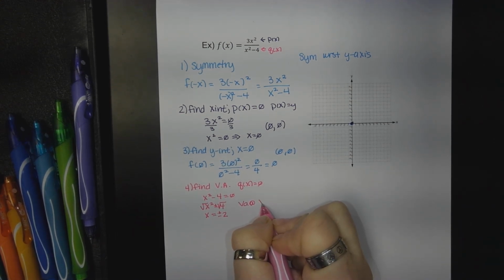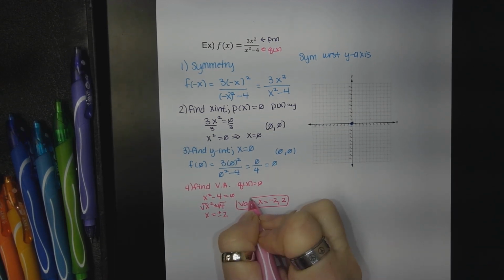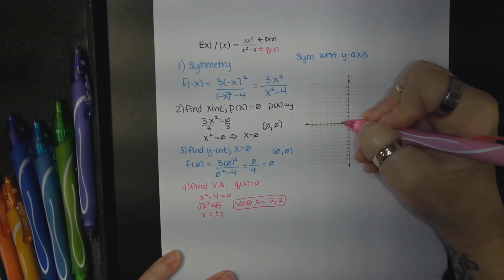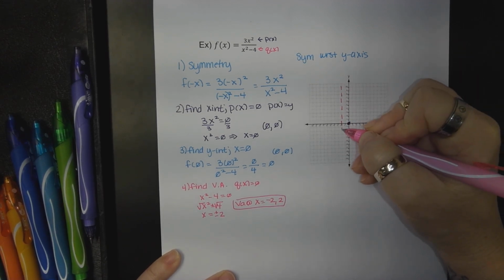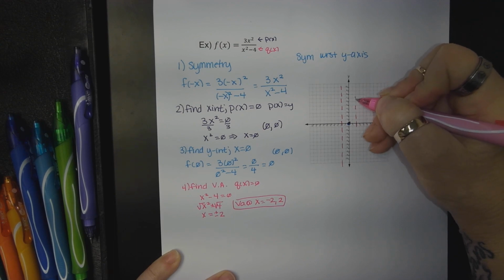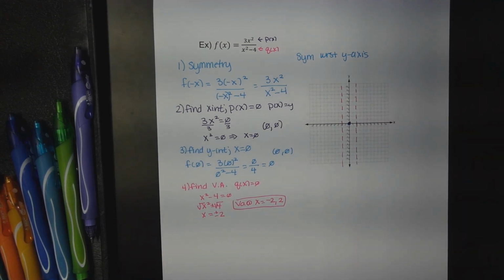So VA is at x equals negative 2 and 2. Write it as 2, that way it's easier to see that you're going to have 2 VAs. You don't want to blow that. Okay, so we have a negative 2. If you just write 1, your graph's going to be all jacked up. Positive 2. Let's find our HA.